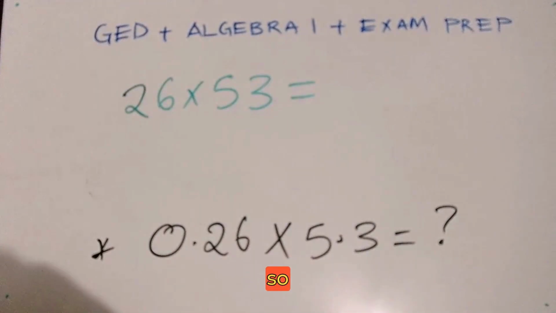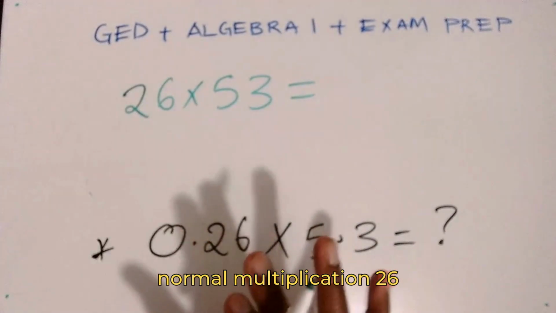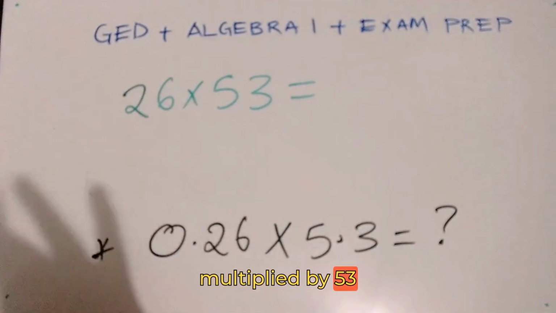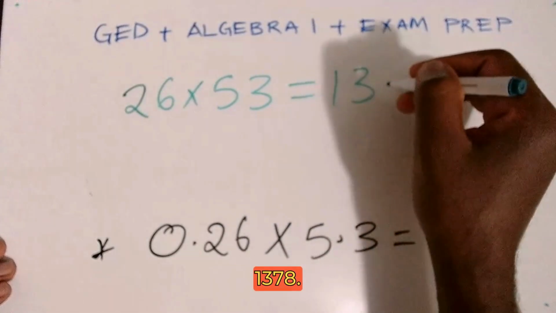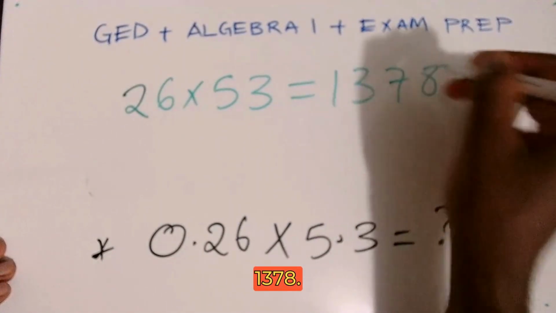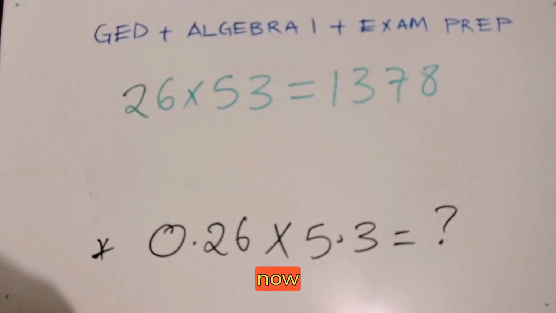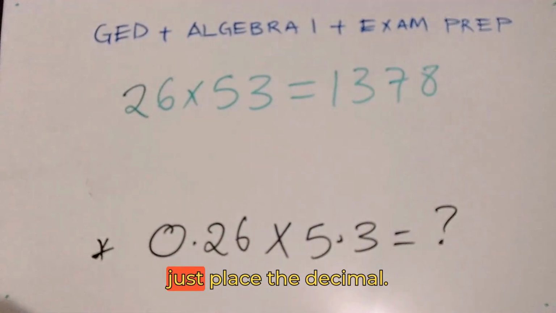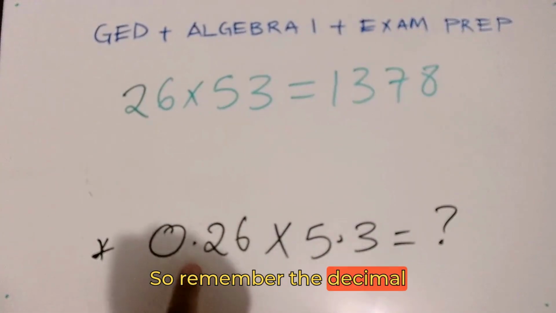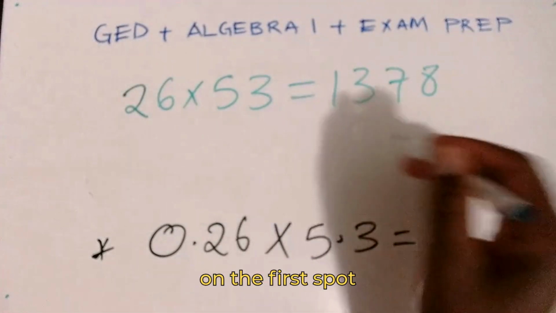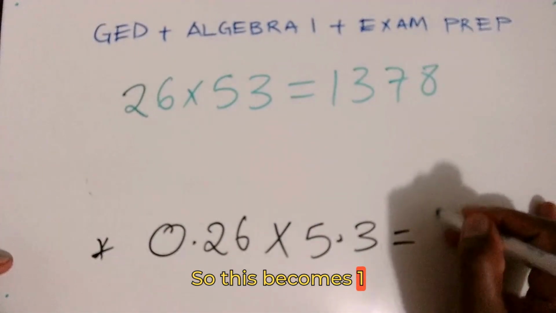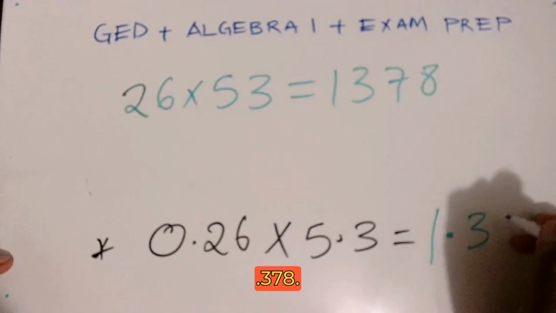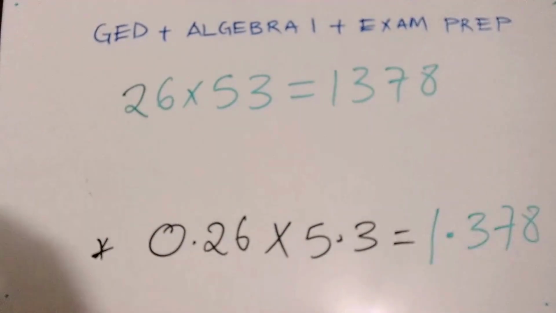You just do the normal multiplication, 26 multiplied by 53, which is going to give you 1378. Now after you multiply, you just place the decimal. So remember, the decimal is on the first spot here, so this becomes 1.378.